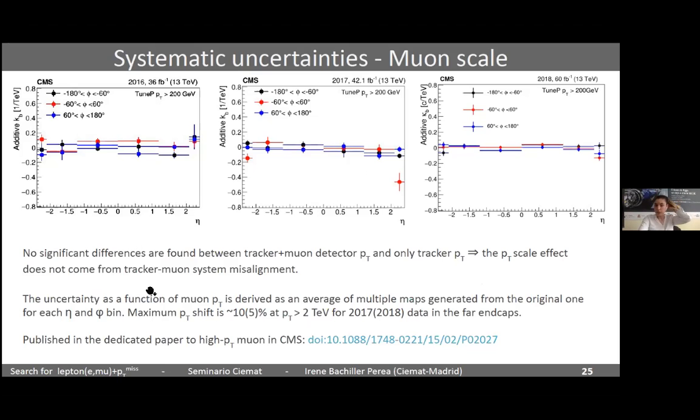And the maximum is found for very high PT, greater than 2 TeV, a shift on the PT of around 5 or 10%, and it is found on the end caps. You could see already that the greatest values were on the end caps. And these studies we published also in the dedicated paper on high PT muons, already mentioned.